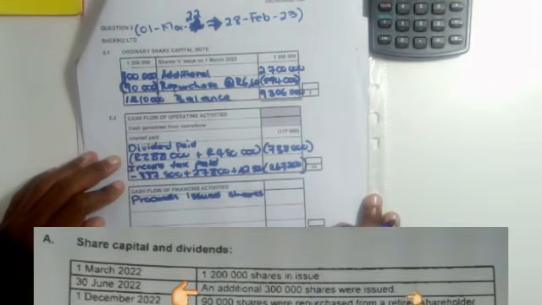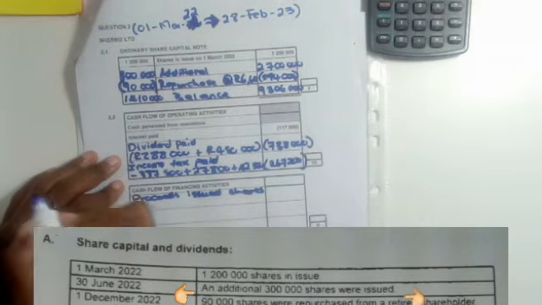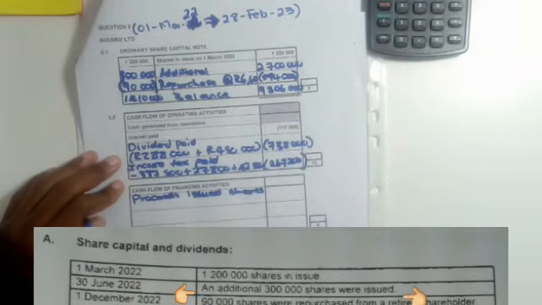Why? Because the shares that we opened with, which were the 1.2 million shares, would be from the previous financial year. So that means that the only ones that we have sold during this year were the 300 shares that were sold on the 30th of June 2022.